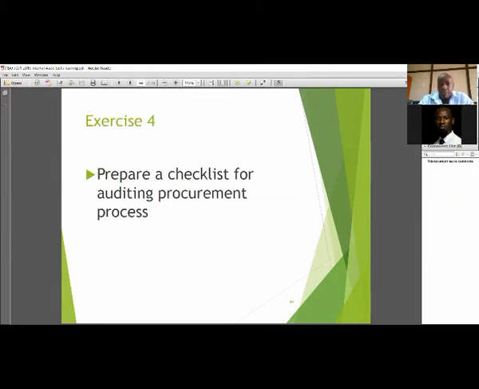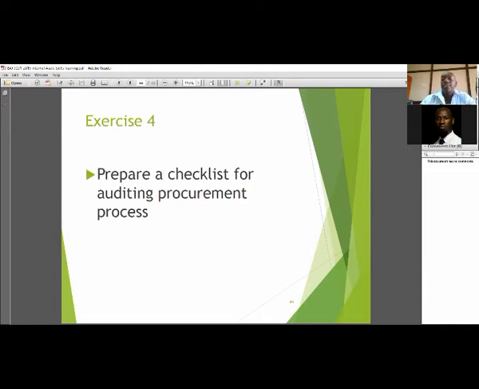So I'll give you a few minutes, like 10, in your own area, just note down 2 or 3 issues, or maybe even 5, that you would ask. The objective here is to determine whether the procurement process complies with ISO 9001 requirements. So what are you going to ask? Please note 1 or 3 or 5 questions or points that you are going to ask as an auditor.